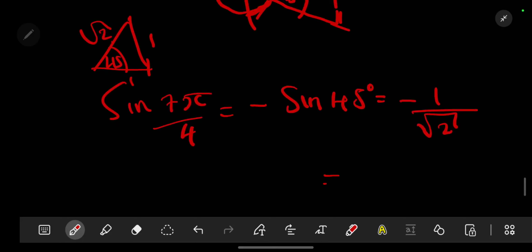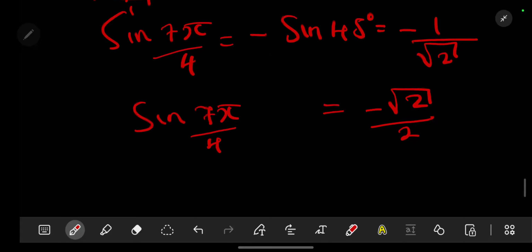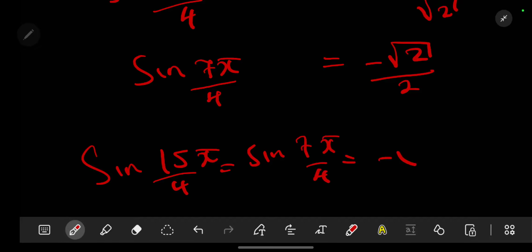Rationalizing, this will be negative root of 2 over 2. So the sine of 15 pi over 4 is equal to the sine of 7 pi over 4, which is equal to negative root of 2 over 2.